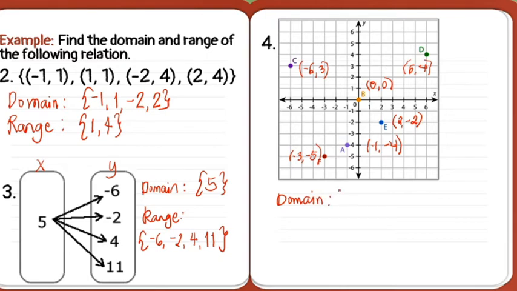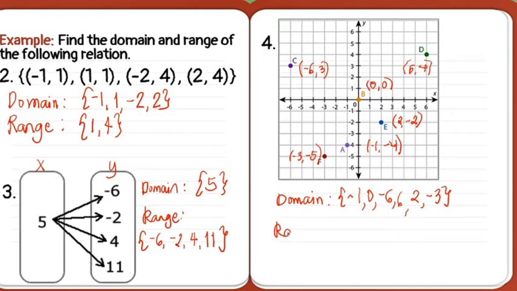So, dito ang domain natin ay sa A ay negative 1, sa B ay 0, sa C ay negative 6, sa D, 6, E, we have 2, and then sa F natin, we have negative 3.